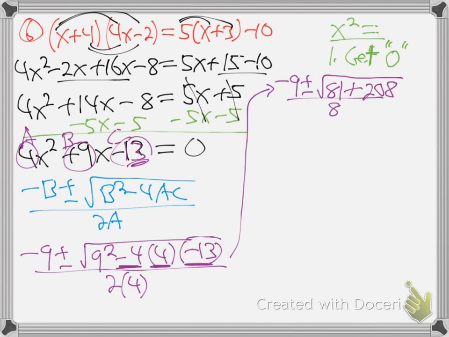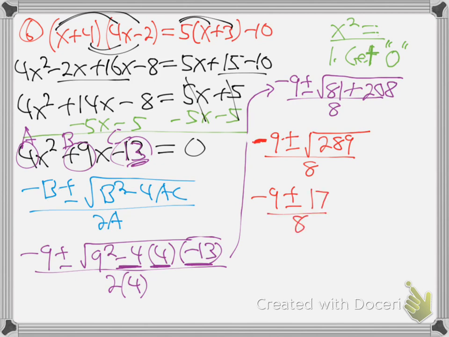So that's going to be negative 9 plus or minus the square root of 289. Now, the square root of 289 is just 17. It's super clean. I don't need to break it down. If you just hit the square root button on 289, it comes out perfectly clean as 17.